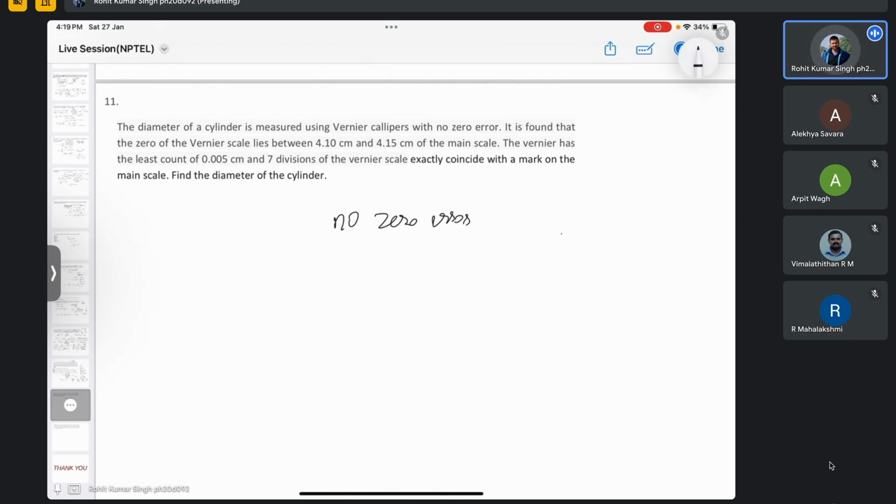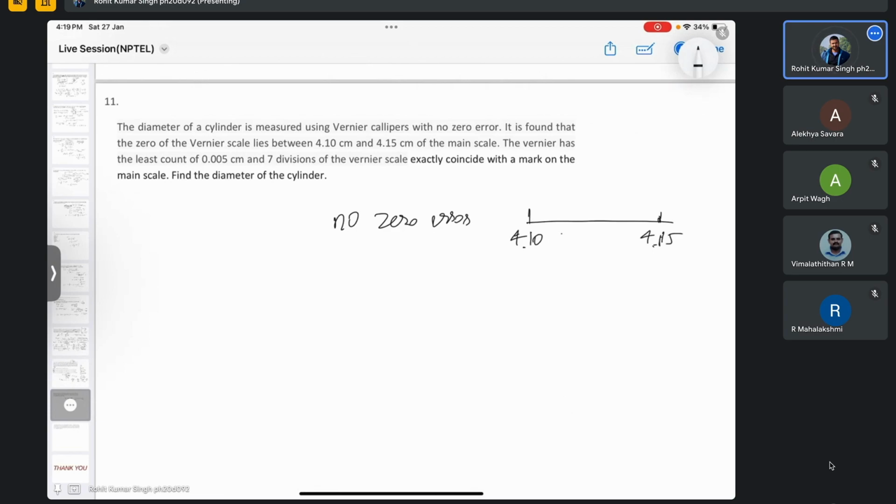It is found that the zero of the vernier scale lies between 4.10 centimeter and 4.15 centimeter of the main scale. So you have this main scale. Okay, here you have 4.10 and here you have 4.15.